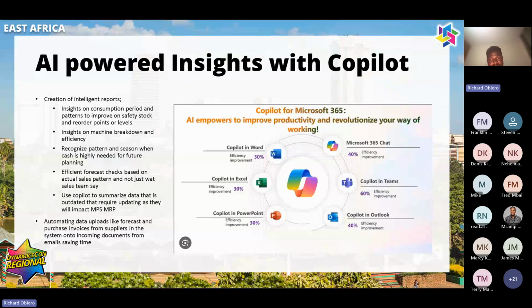Lastly is the AI powered insights with Copilot. It will really give you a lot of insights and reduce your time on reporting, so that the dashboard for the production supervisors, production manager, finance manager is insightful. It's thought provoking. It's decision driving. Someone just looks at the dashboard and knows, oh, we have a problem.